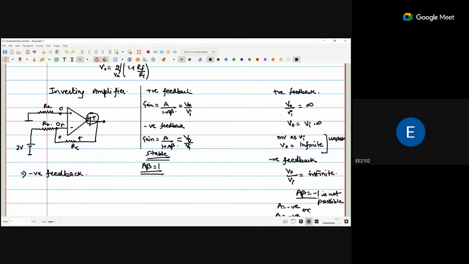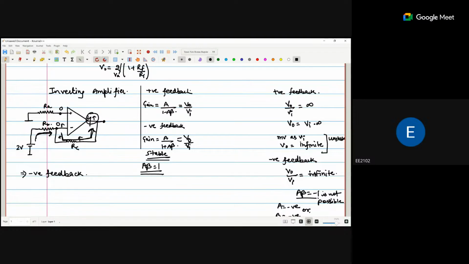Now because of this 2 volts, the current flowing from 2 volt to 0 will be passed here because there is no other path. The current inside the operational amplifier is 0, we already discussed in the last class. So the current passing from 2 volt to this ground terminal will be passed through this feedback resistance toward the output.